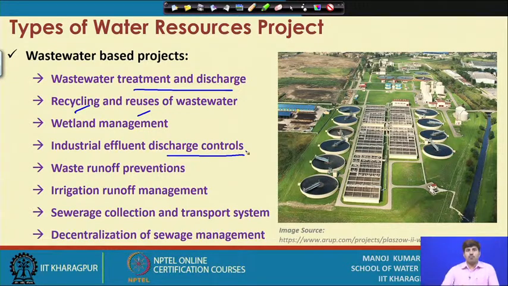So, how the industrial effluent needs to be managed, a project on that. Then waste runoff prevention into our streams and surface water, and irrigation runoff management, because irrigation runoff is also a kind of wastewater which comes out of the agricultural fields after irrigation. Sewerage collection and transport systems, and decentralization of sewerage management.